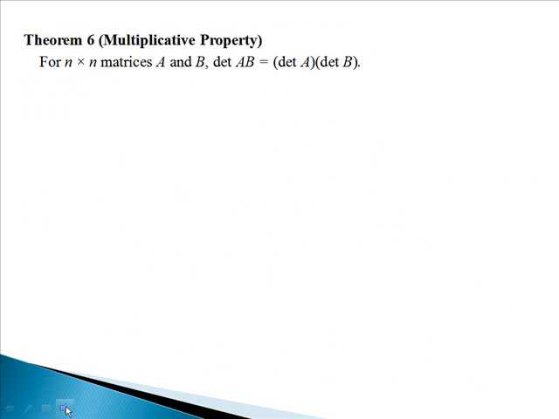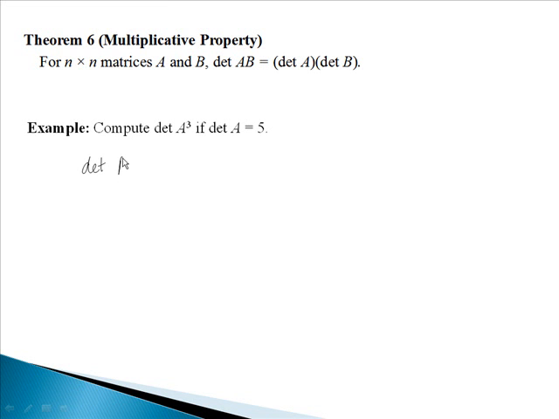Now let's look at Theorem 6, the multiplicative property. For n by n matrices A and B, the determinant of the two matrices multiplied together is equal to the determinant of A times the determinant of B. In this example, we want to compute the determinant of A cubed if the determinant of A is equal to 5.